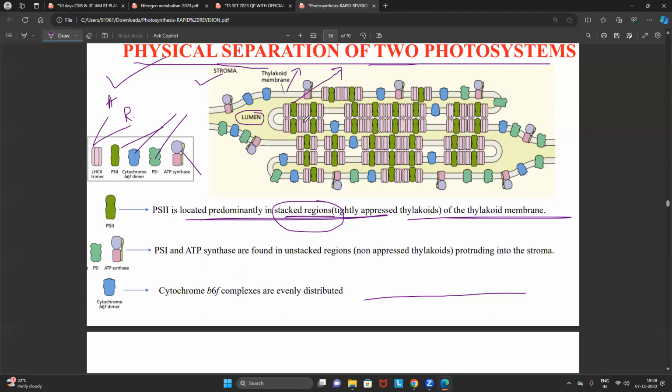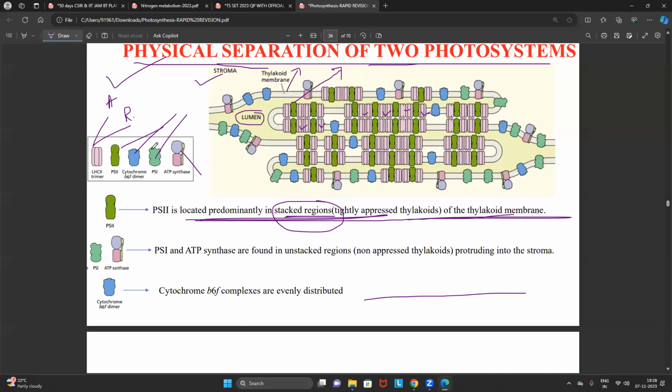If you look into the diagram very carefully, friends, the PS2 is tightly arranged between all these thylakoids. Can you see any photosystem 2 that is freely arranged? No, it is arranged very tightly between the thylakoids. That is what we call the stacked regions of the thylakoid membrane, which is tightly attached.